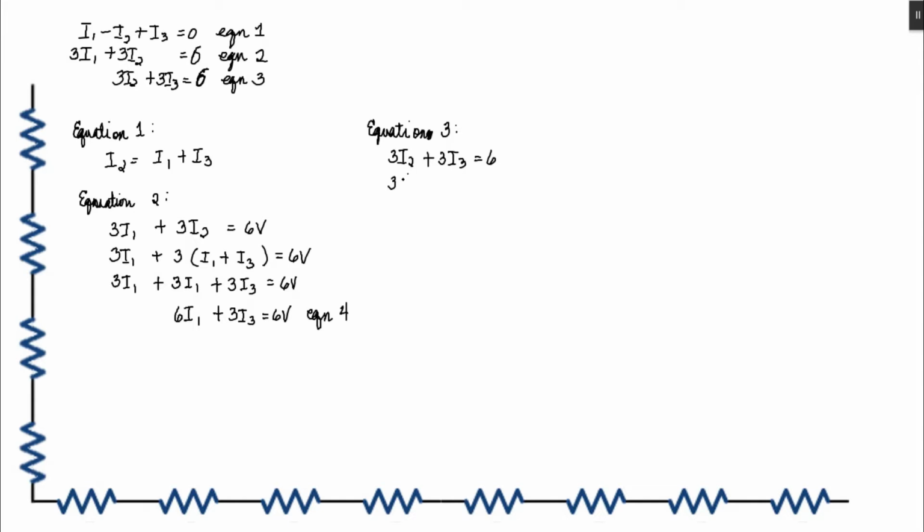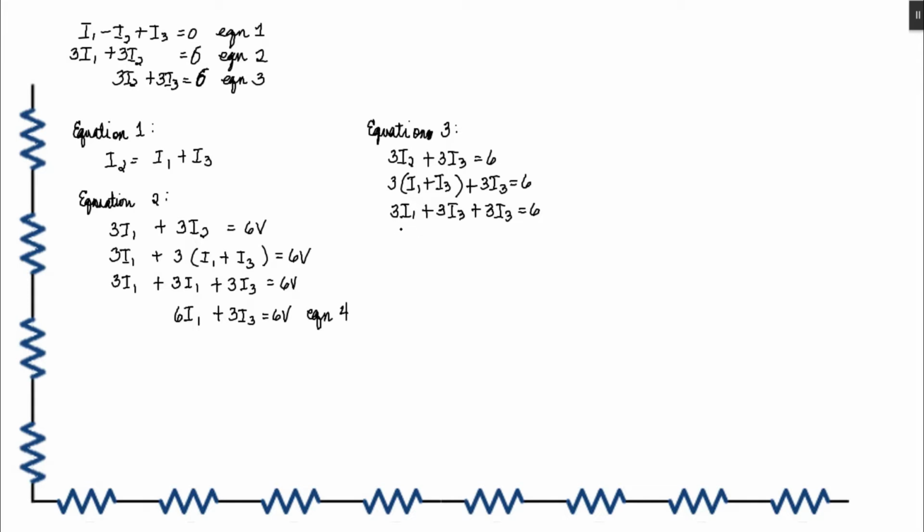So, yung 3 times yung I sub 2 natin is I sub 1 plus I sub 3 plus 3 I sub 3 equals 6. So, distribution. 3 times I sub 1, plus 3 times I sub 3, plus 3 times I sub 3 equals 6.